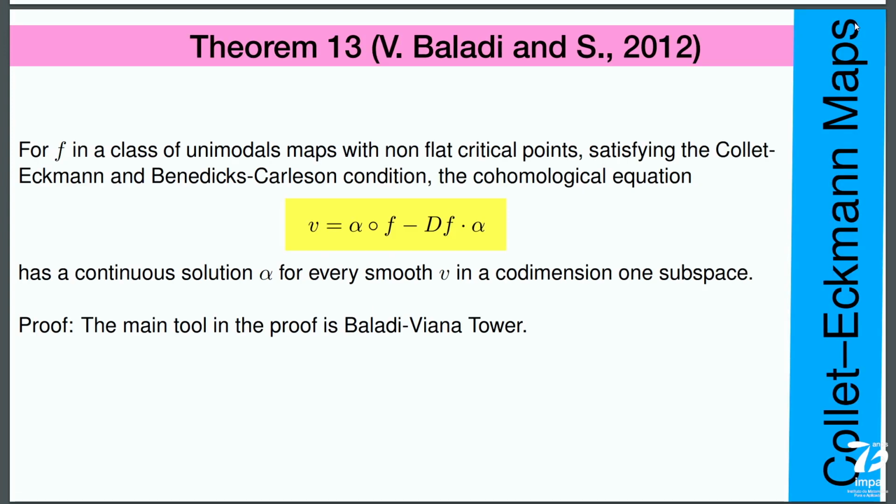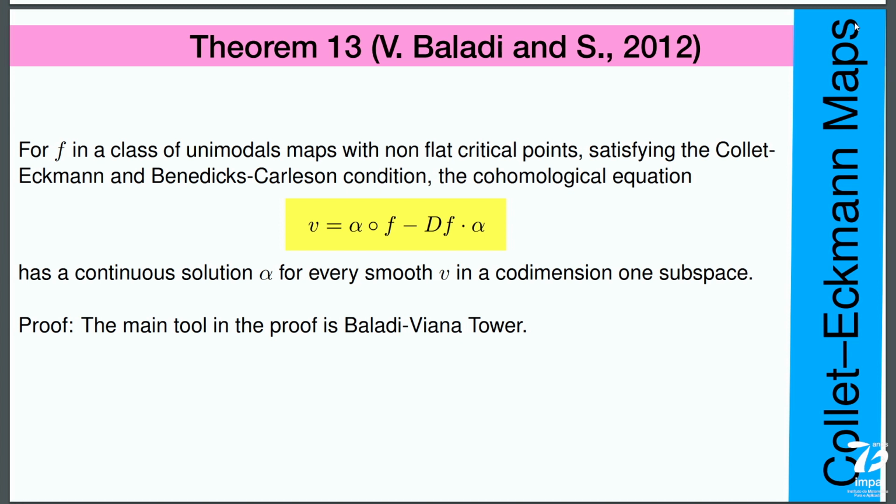We have some preliminary results for Collet-Eckmann maps. We have this result with Viviane Baladi, where I have unimodal maps with just one non-flat critical point, and Collet-Eckmann satisfies some Benedicks-Carleson condition.